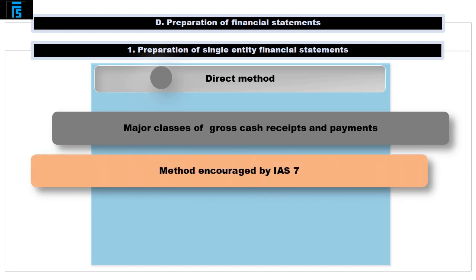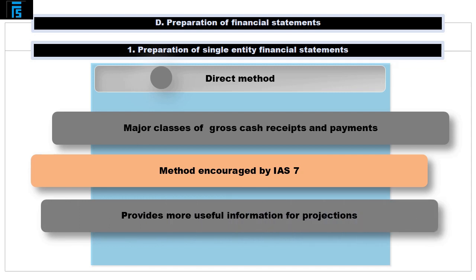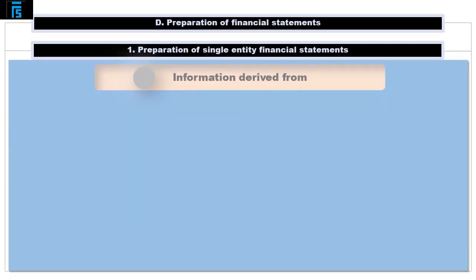In fact, IAS 7 encourages preparers of financial statements to apply the direct approach on the grounds that it provides information which is more useful in making projections of future performance than is the case if the indirect method is used.